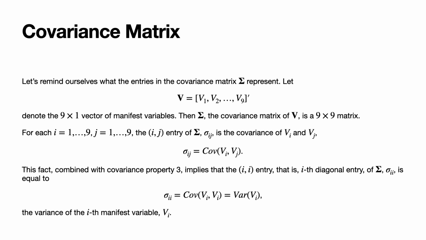Now this fact, combined with covariance property 3, implies that the ii entry, that is the ith diagonal entry of the covariance matrix capital Sigma, denoted by sigma sub ii, is equal to the variance of the ith manifest variable.